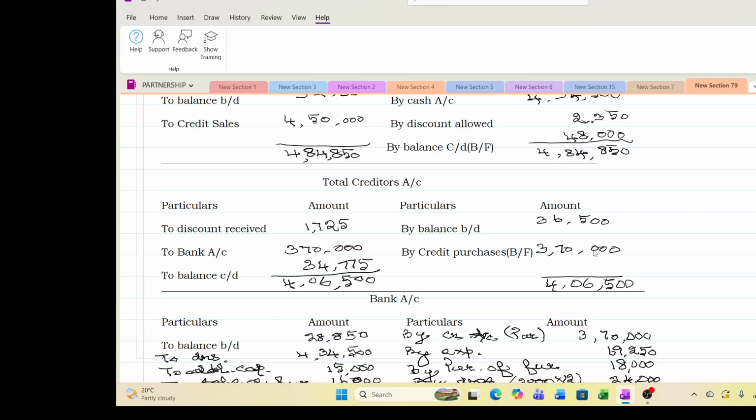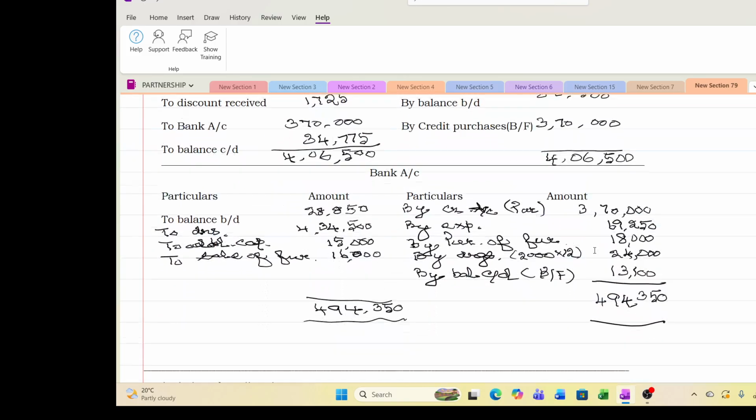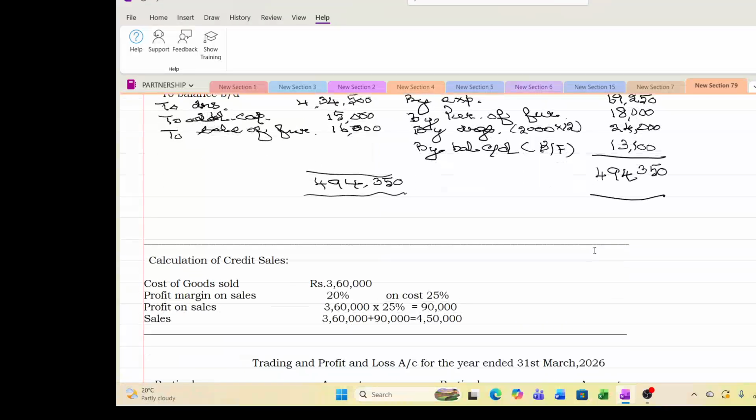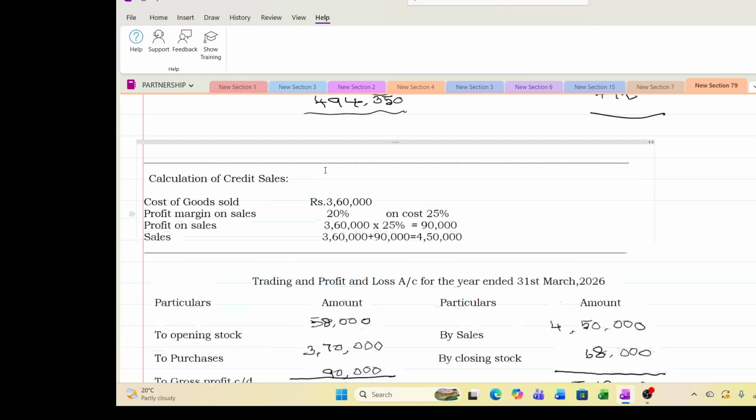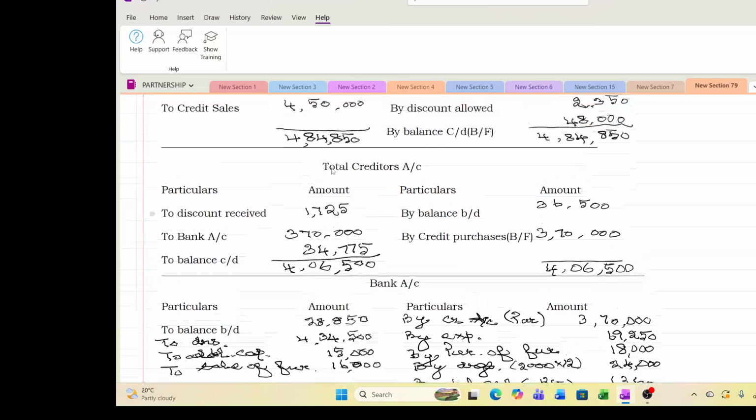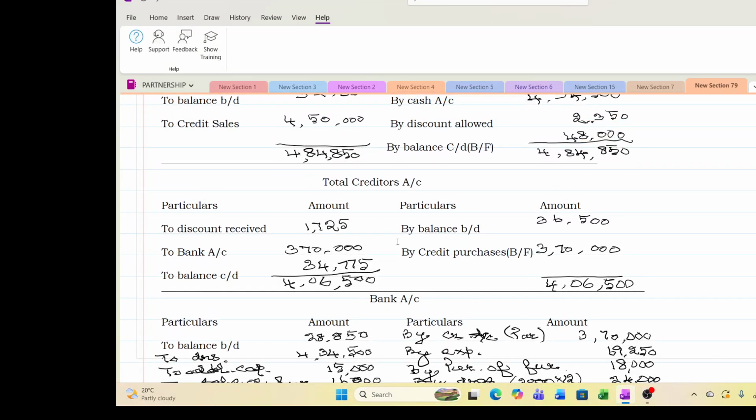This should go to your trading account for purchases. So the purchases will be 3,70,000. We have already calculated the credit sale, so we put that one also. Closing stock was already given. So we have closed the creditors account also. Only the balancing figure has gone to your trading account.